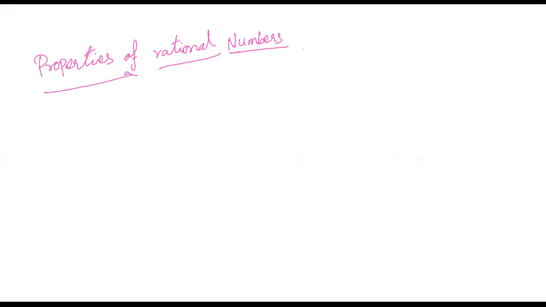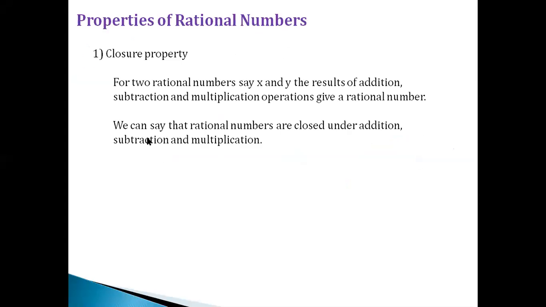So what is the closure property? If we take any 2 rational numbers, and do addition, subtraction or multiplication, the result has to be a rational number. That's what it says. If the result is not a rational number, then it doesn't come under the closure property, or the closure property doesn't apply to that.